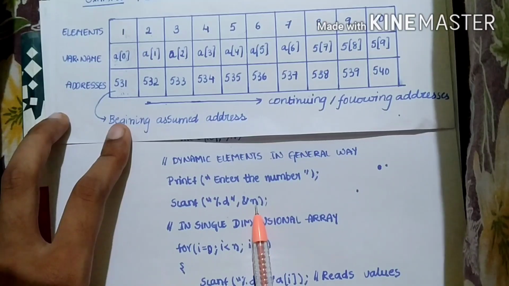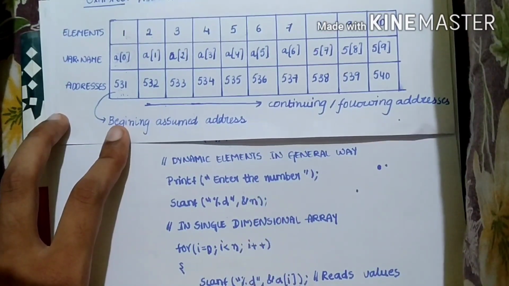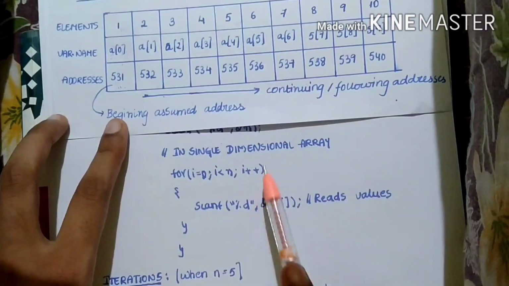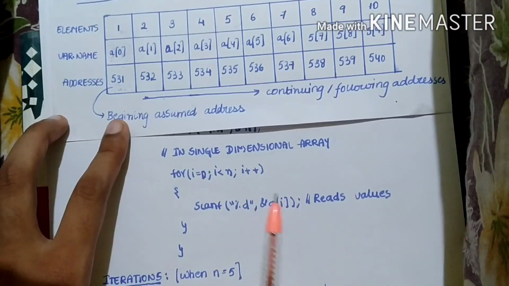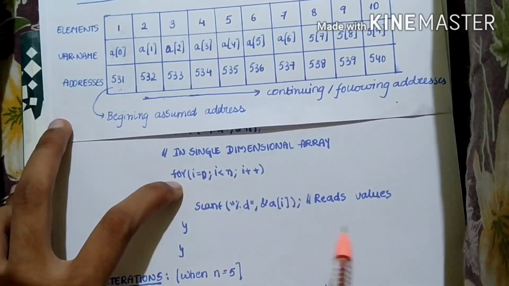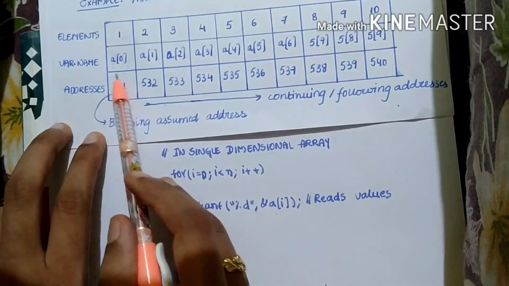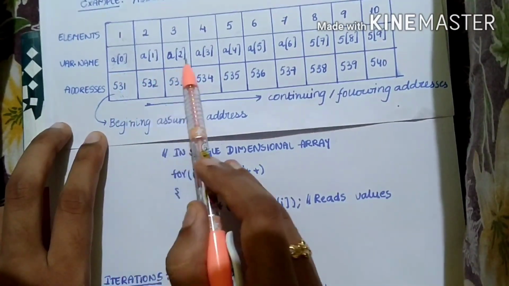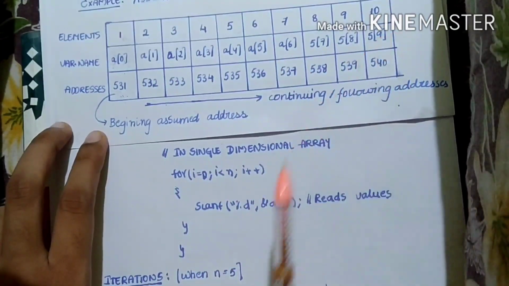If we enter the element 10, then it goes with 10. And then when we come to a single dimensional array, it has to continue with a loop. So I am giving here a of i. Here a of i is nothing but a of 0, a of 1, a of 2, a of 3, a of 4, a of 5, a of 6 and so on.